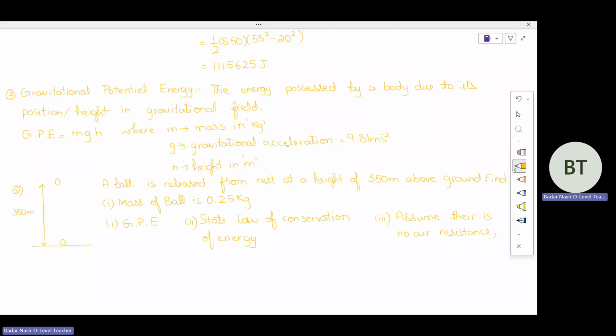Using the law of conservation of energy, you have to calculate, find its final speed. Okay, so this is the question.